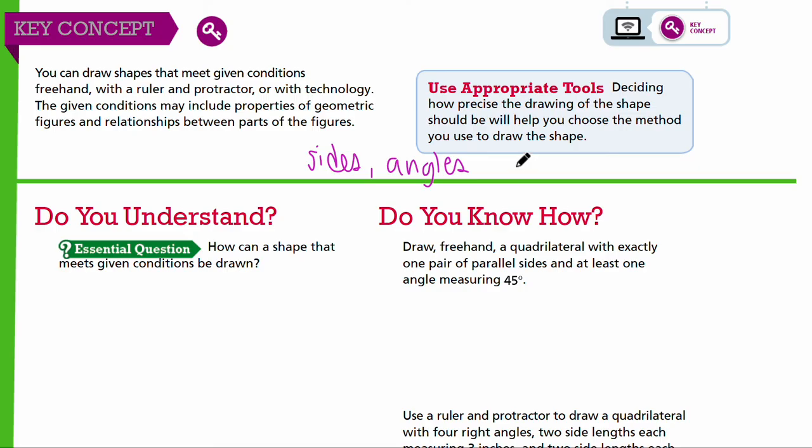In this lesson, we mostly looked at 4-sided quadrilaterals, but we also talked about triangles, right? So there could be a different number of sides too, and then the length of each side.